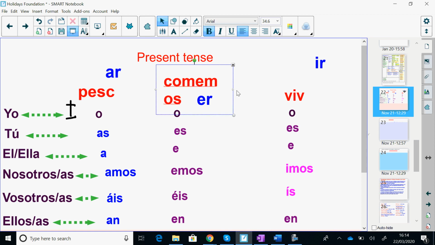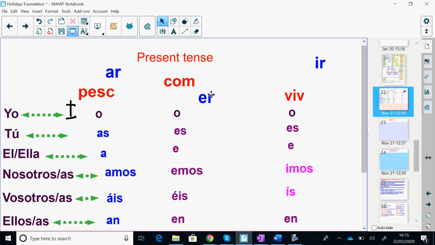Correct. Comemos. Muy bien. How would it be? They eat. They, remember, ellos, ellas. Muy bien. Excelente. How would it be? Do you eat? Like in a question. Excelente. Comes.